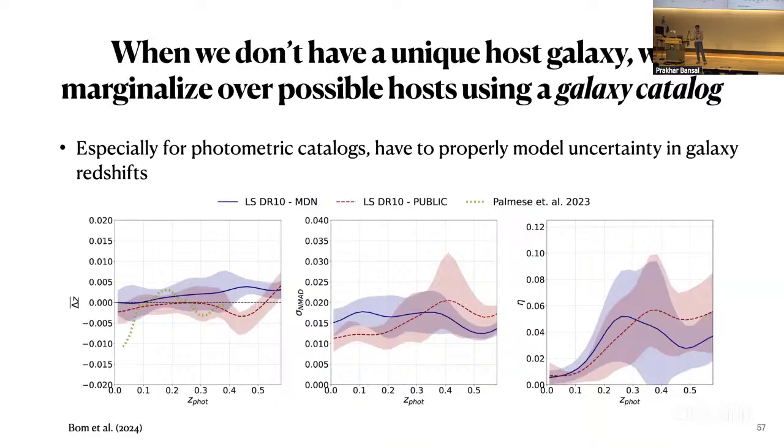Another aspect that we worry about is that the GLADE catalog, in the examples I've been showing you, is a compilation of galaxy catalogs that all have spectroscopic redshifts. So we have a spectrum for each galaxy, and that gives us the redshift. There are a lot more galaxy catalogs that only have photometry information for every galaxy, and there's a whole research area about how to assign redshifts just from photometric information.